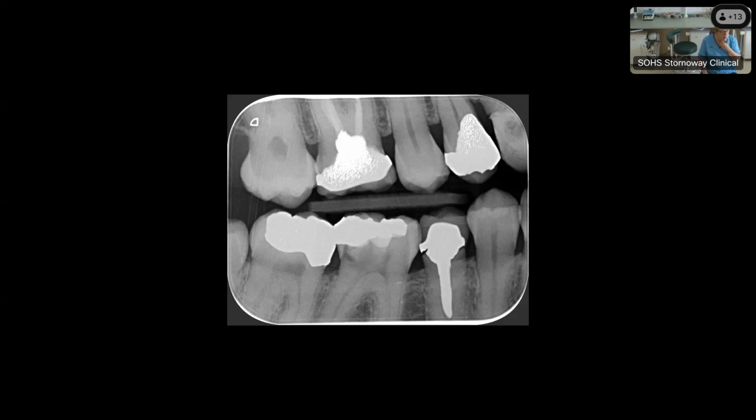Great. And what teeth are visible on that image? A 1/8. What's making you think 1/8? The root morphology. Okay, you can't quite see enough of the root morphology in a bite wing to make that decision.